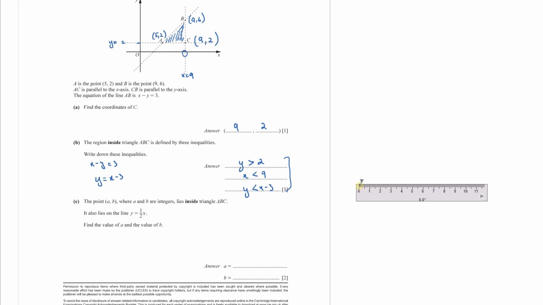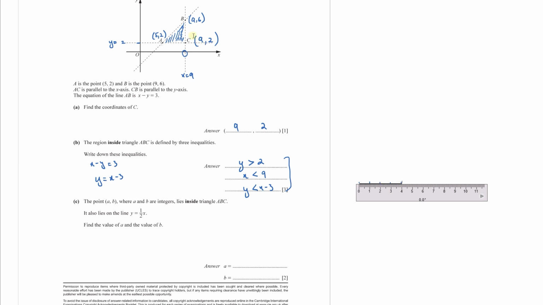So let's start here at 0. So my 5 would be at 0, 6, 7, 8, 9. So this point would be my 5, 6, 7, 8, and then 9.